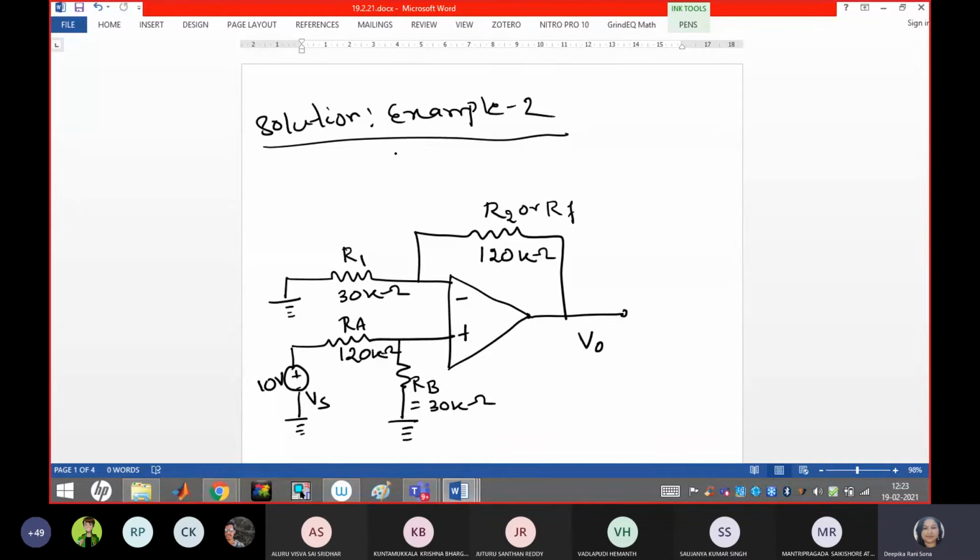Sai Kishore, very good. And who are the others? Okay. What is your name?